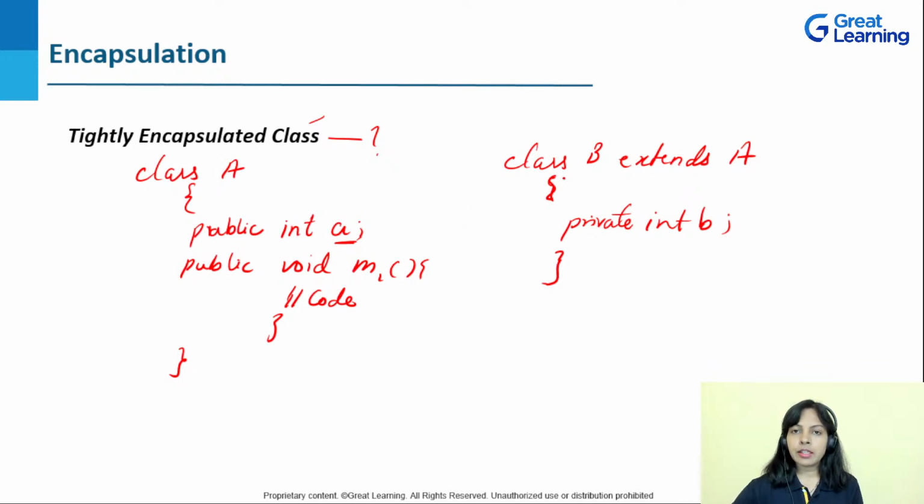So class B is not a tightly encapsulated class because I said for that class all the variables should have private access specifier, right? So this class B has a private access specifier for variable B, right? But class B is also extending A, that is, it is inheriting all the properties of A into B. Guys, those who don't have the concept of inheritance right now, in the next topic I'm going to talk about that only.